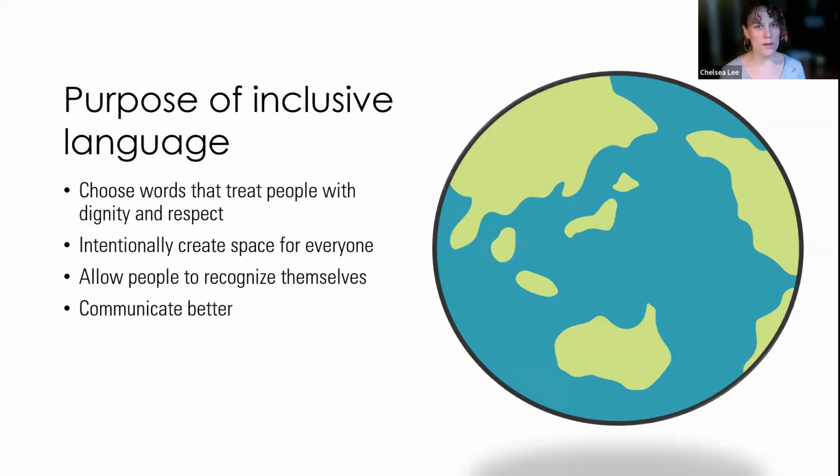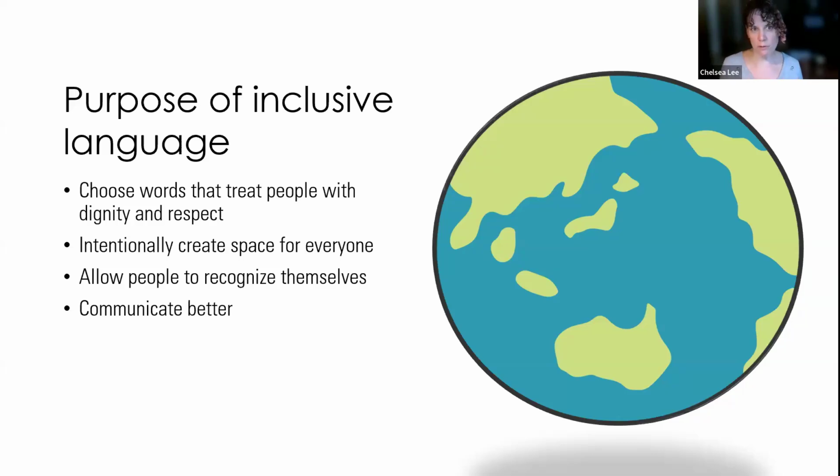And the goal here is to encourage students to think about the words that they choose to describe other people and the world, and to specifically encourage them to choose words that treat people with dignity and respect.